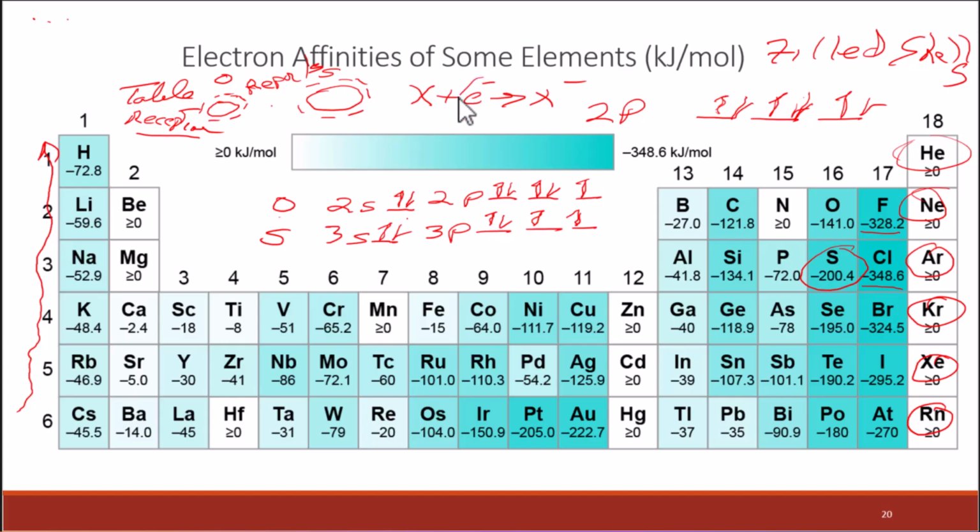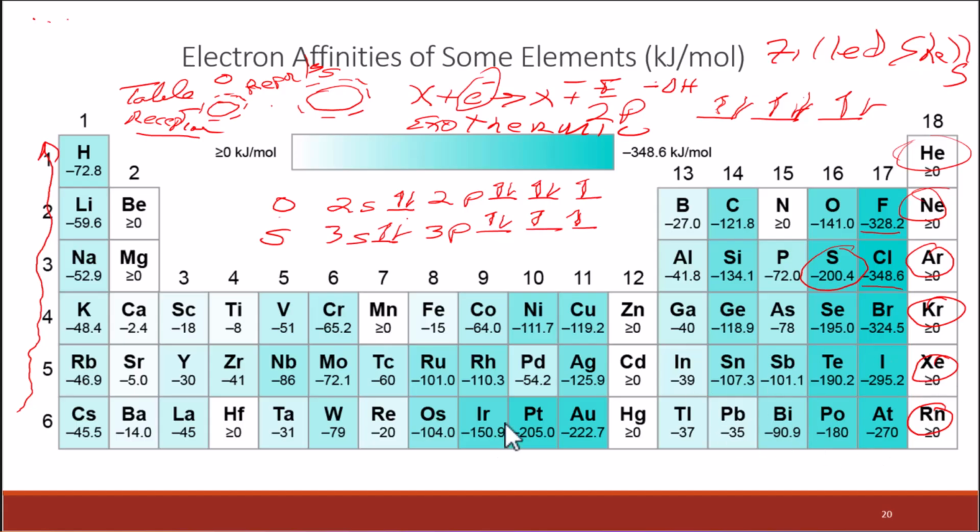You're adding an electron, that means it's on the reactant side, and you're releasing energy, which is why you get a negative value for the electron affinities, and I'll just equate it to delta H. It's exothermic. This is an exothermic process, okay? And it's a measurement of how easily electrons are added to elements.